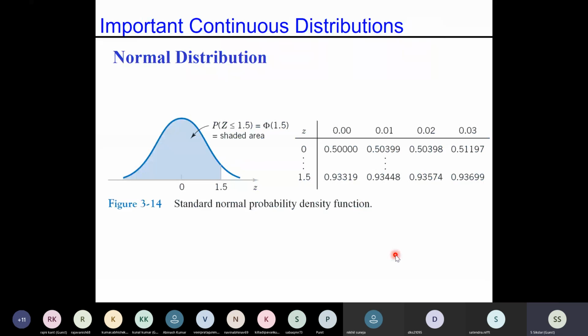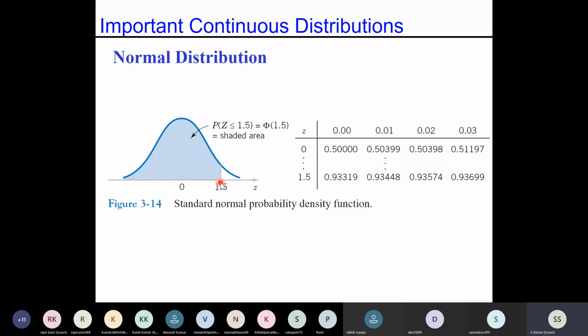So let's say you have been given this kind of table. There you will see this is the Z value, and on this side this. If anybody asks for the probability of 1.5, that means this is the area below this Z value.